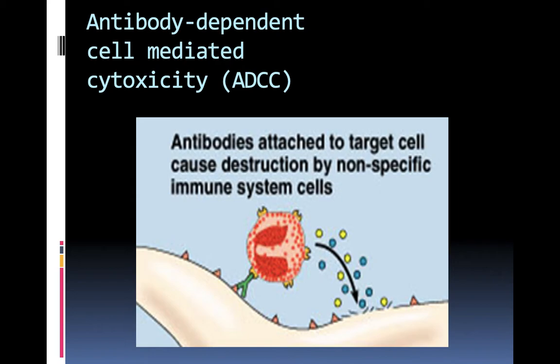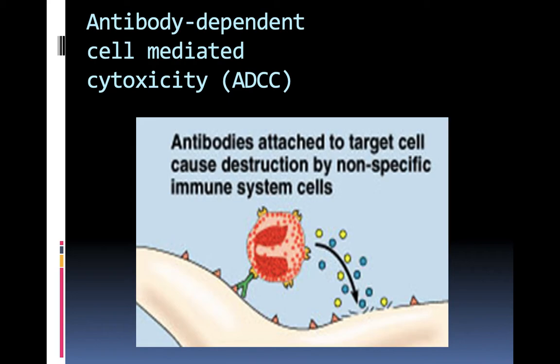Several types of white blood cells can play a role in ADCC, and all of them bear specific Fc receptors for the Fc fragments of the IgGs. The efficacy of each population of effector cells, the efficacy of the whole process, will be dependent on the species.